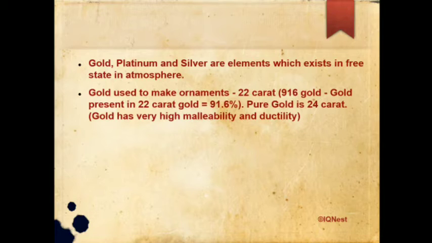The gold present in 22 carat gold is 91.6%. So the pure gold is 24 carat. Gold has very high malleability and ductility, and that is why it is used to make ornaments.